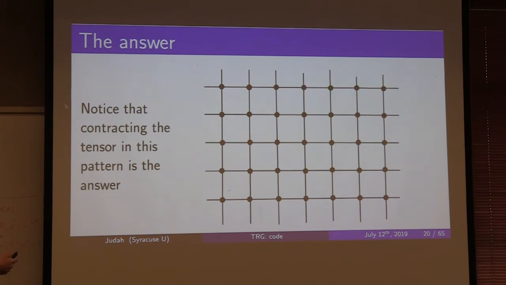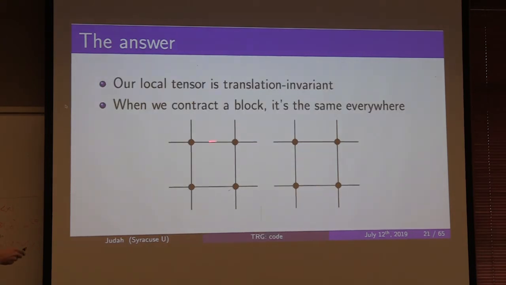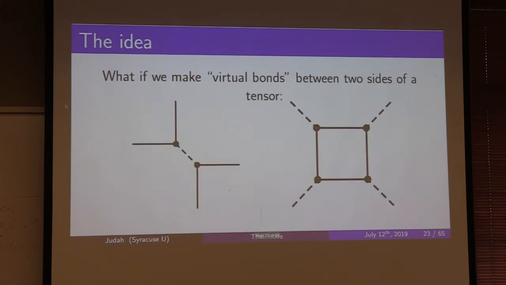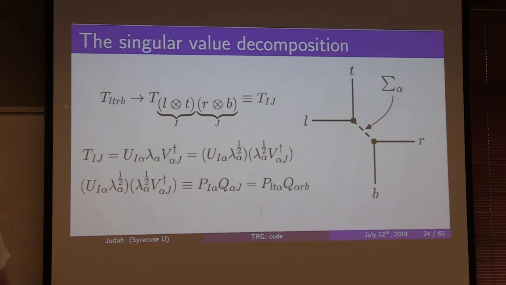We can't do this directly, so we're going to work on individual blocks and use the idea of translation invariance to know that we're doing it everywhere at once. And we're going to just focus on TRG and HOTRG here. The goal in TRG is to make these virtual bonds, and so we have to do this SVD and this contraction using computer code. So here it is. I'll re-reference it as we go back and forth.